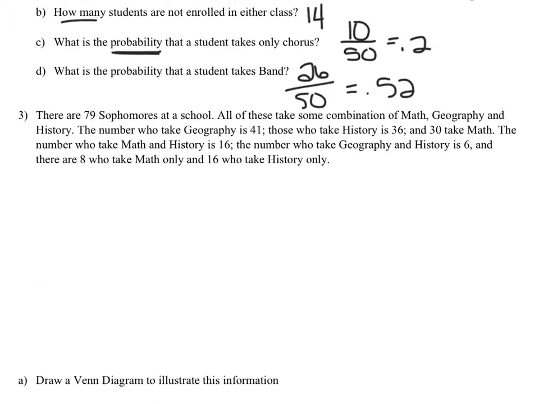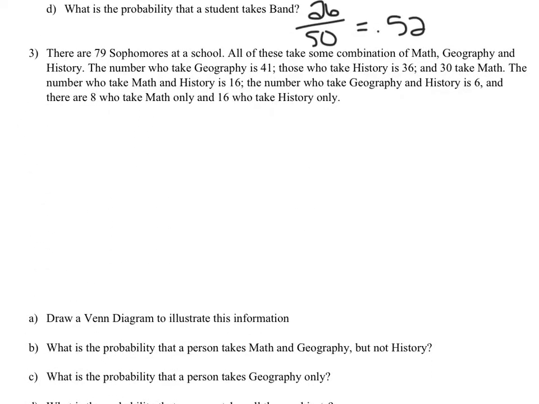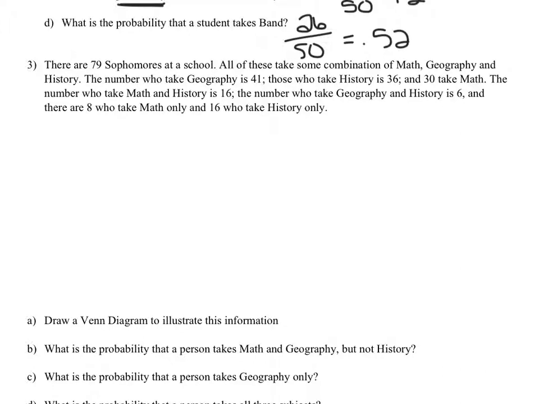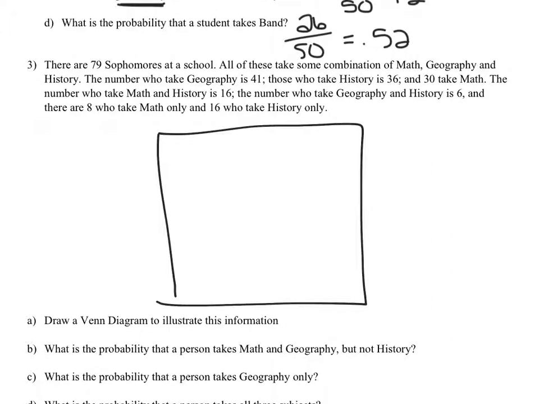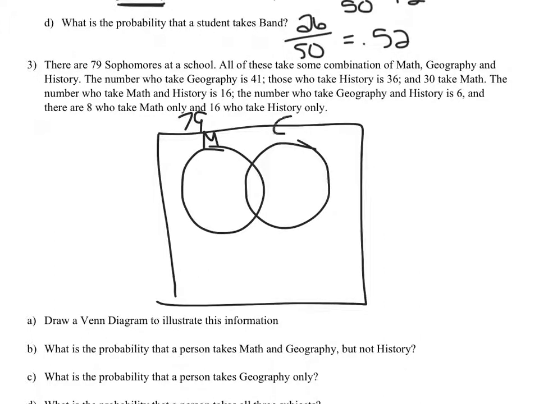Now we have this monstrous problem here where we have someone taking math, geography, or history. So what we have here is 79 sophomores taking math, geography, or history.